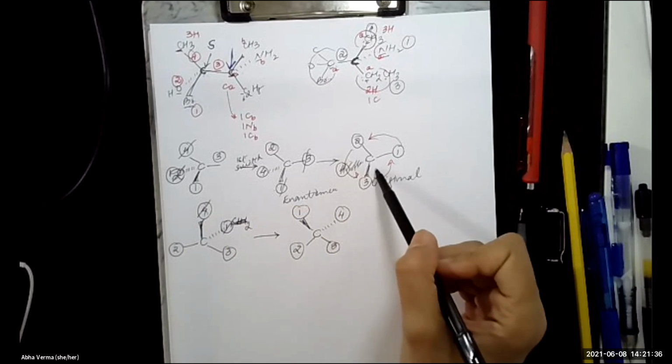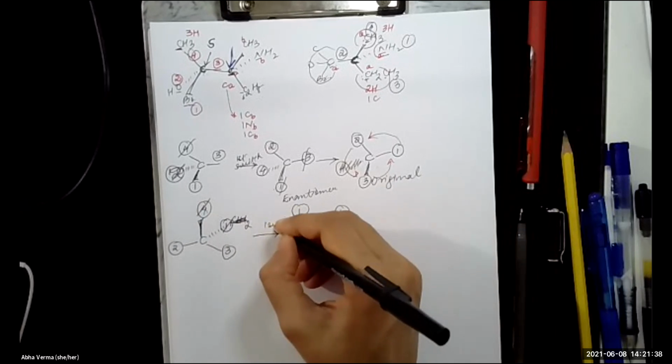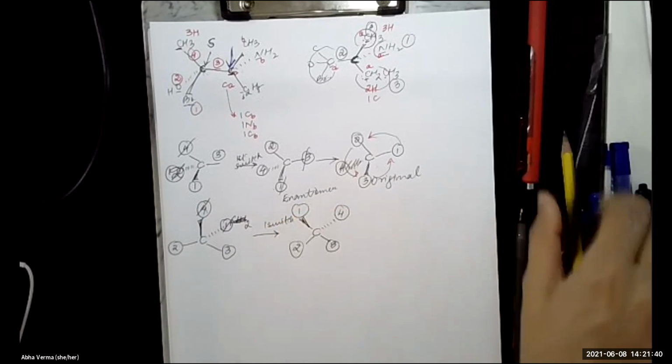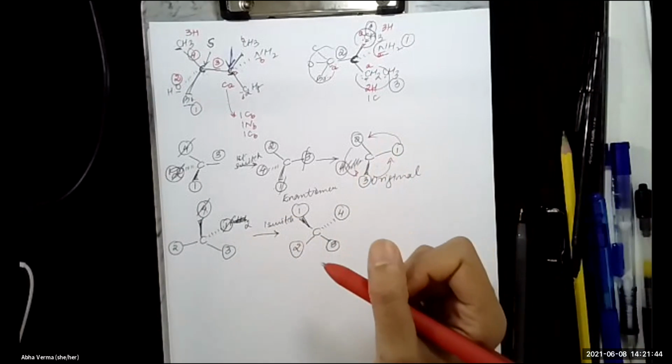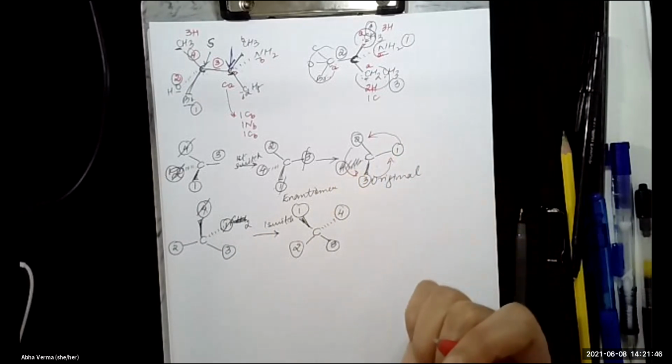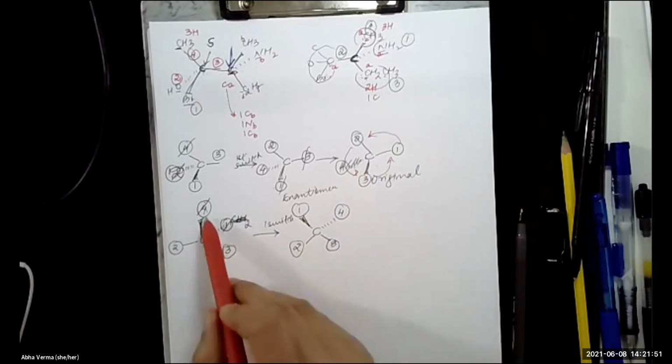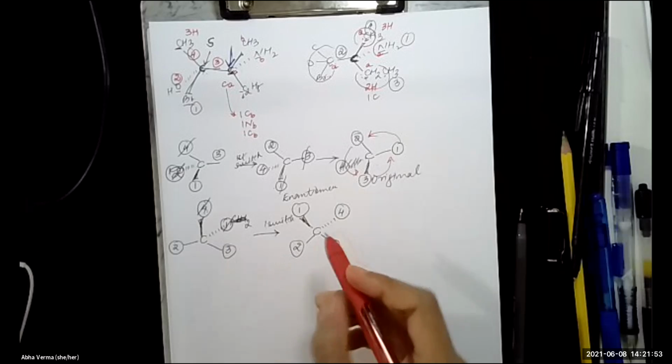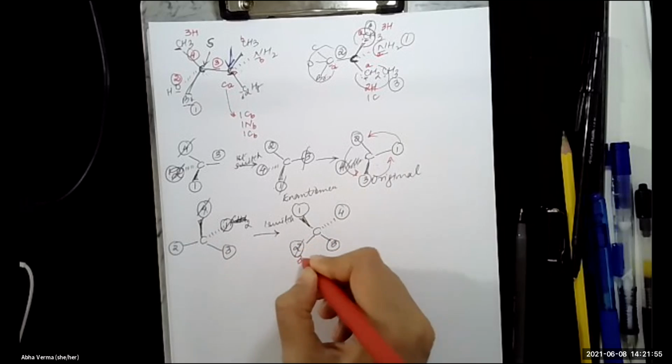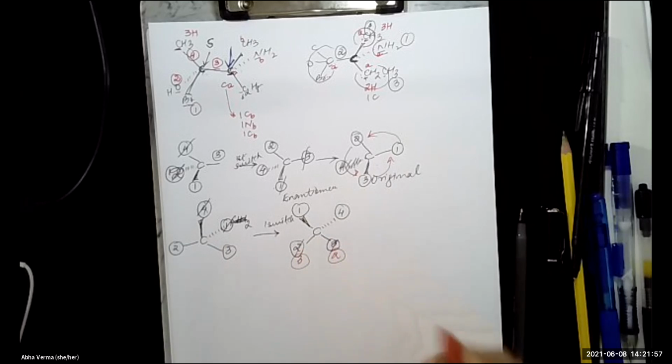Now instead of drawing my third structure, I just go first switch. And right now I'm using a different colored pen so you can see what I'm going to do. I can switch any other group. I have already switched 1 and 4. I'm now going to switch my number 3 with number 2.